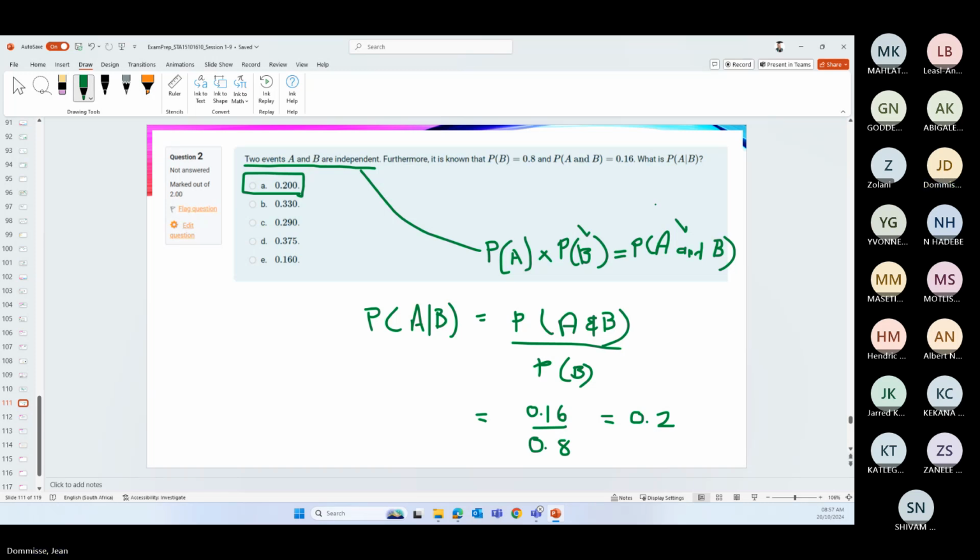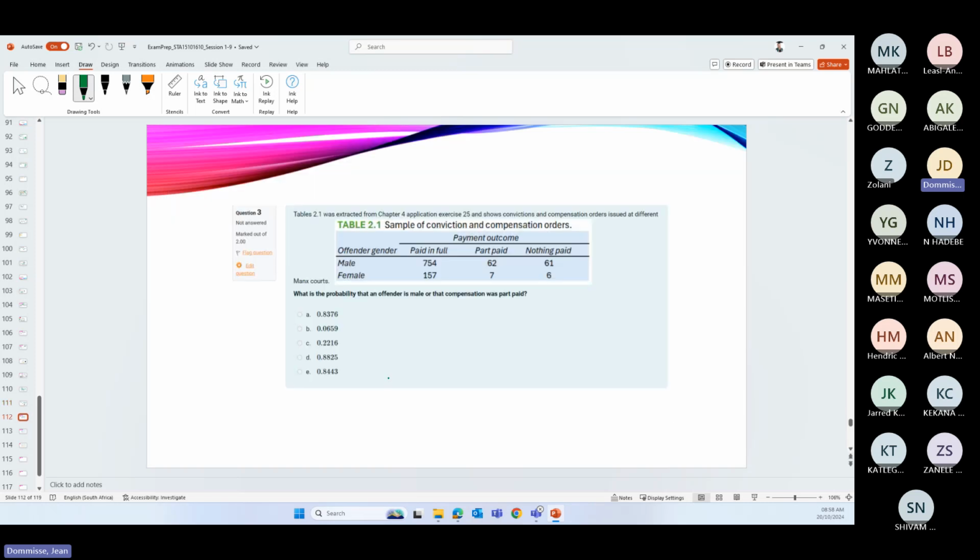So I think it is great to work out probability of A if you want to, but again, remember you guys do not have that much time in the exam, so remember you have 25 questions.